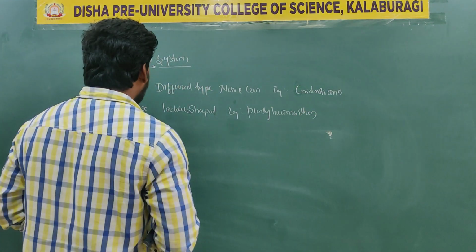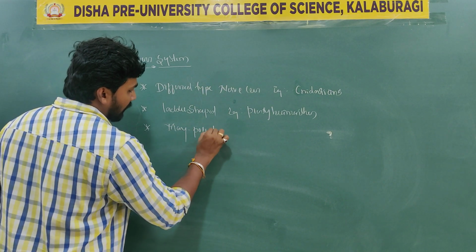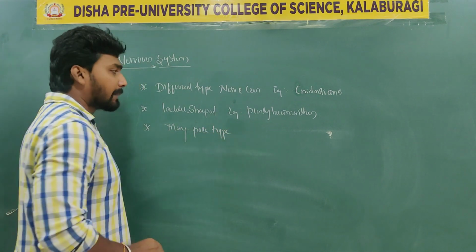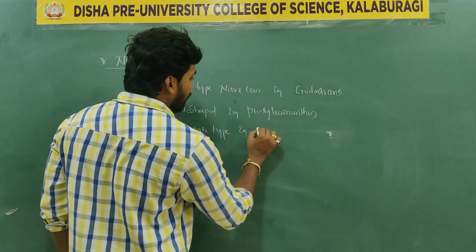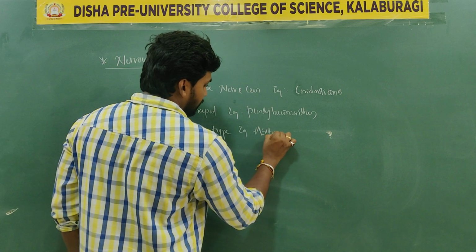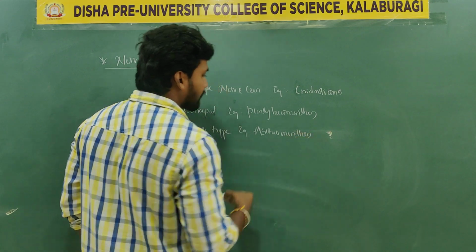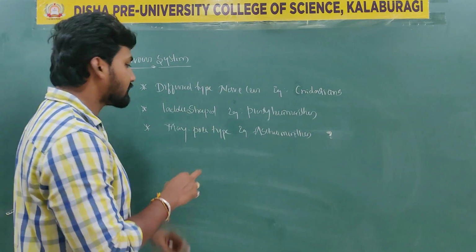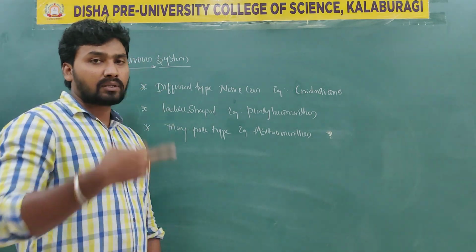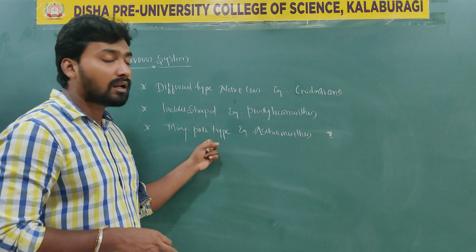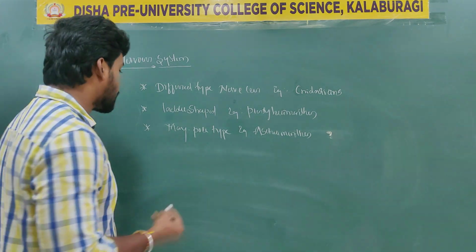Some organisms show the maypole type of nervous system. This is seen in the Excretory. Maypole type means they have a circumpharyngeal nerve ring, and they have one vertical nerve cord. So this type of nervous system is said to be maypole type.